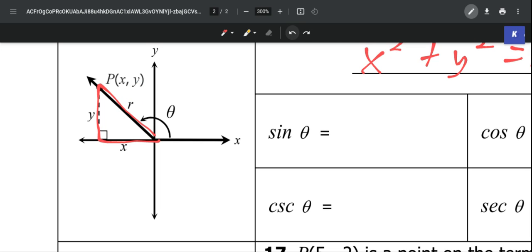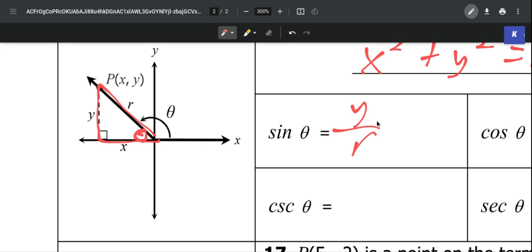So if we set up our trig ratios, it'll work the same way, because theta would tell us where to go. If theta is here, and we want sine, we're looking at opposite over hypotenuse. Opposite would be y, and hypotenuse would be r. So we would have y over r.